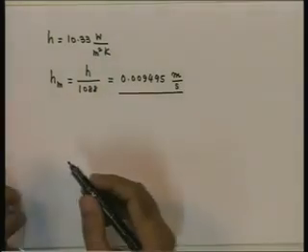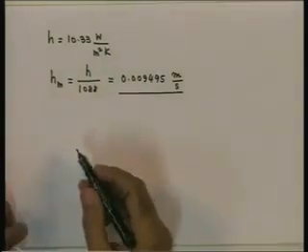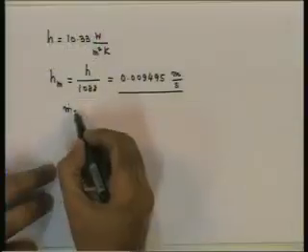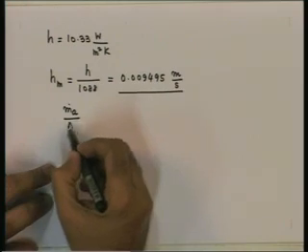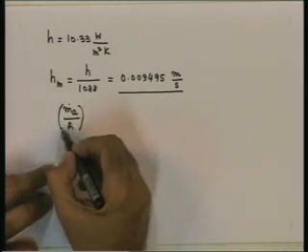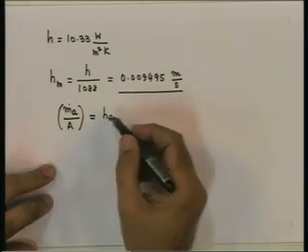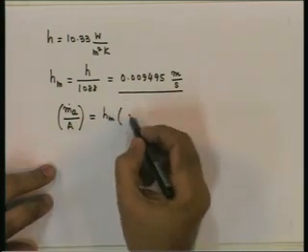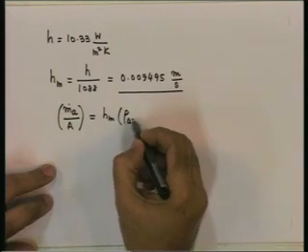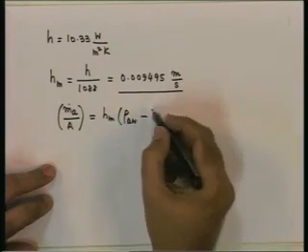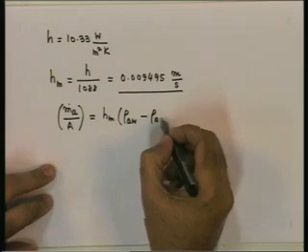We have been asked to determine the mass flux of water vapor and the mass flux of air. The mass flux of water vapor m dot A by A will be Hm into rho A at the wall minus rho A in the free stream.